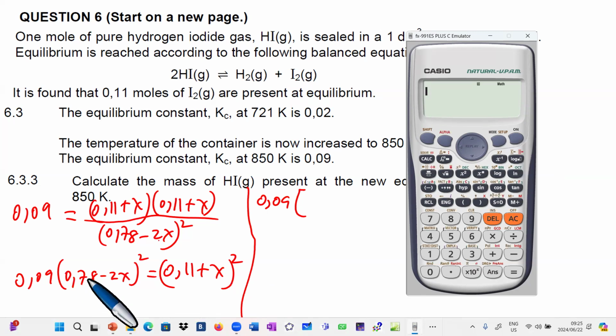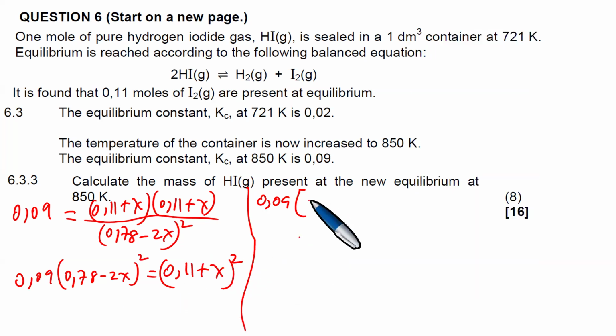We're saying 0,78, we square it, which is 0,61. Let us write this one as 0,61. We're squaring this one. Minus 2 times 2, it's minus 4 times 0,78.